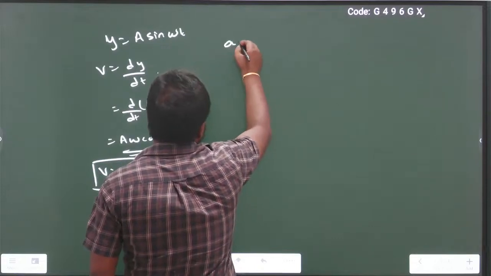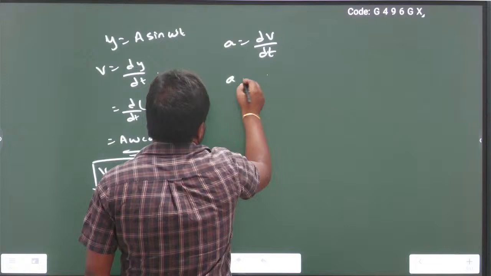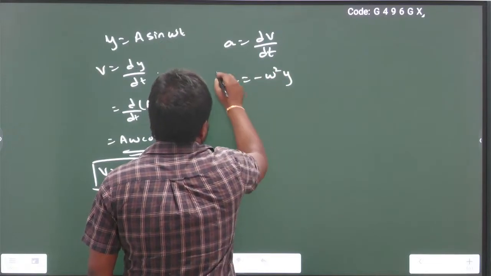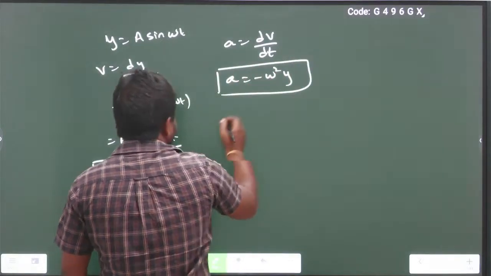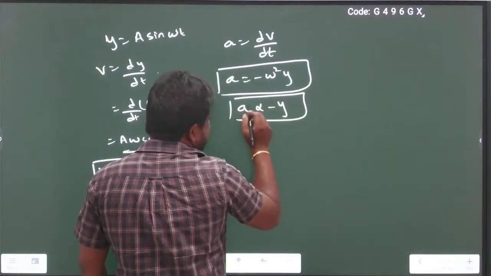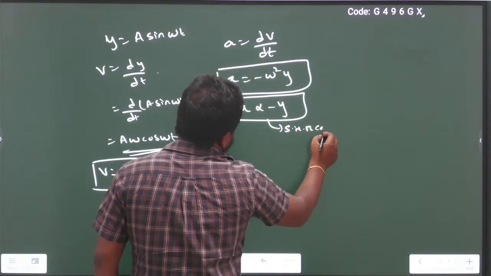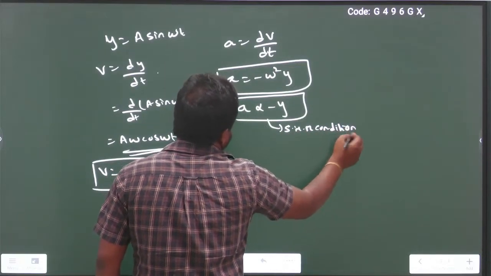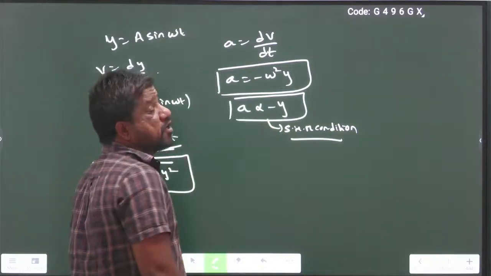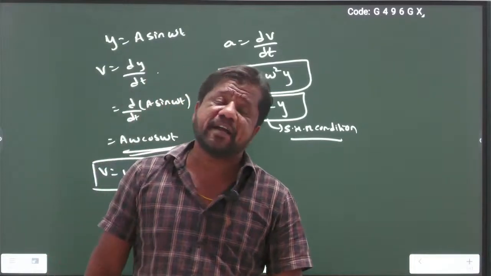Similarly, acceleration is equal to dv by dt. Acceleration is equal to minus omega square y. Here the condition is acceleration is directly proportional to minus y. What is the condition for any motion to satisfy SHM? They will be asking this. Acceleration is directly proportional to minus y.